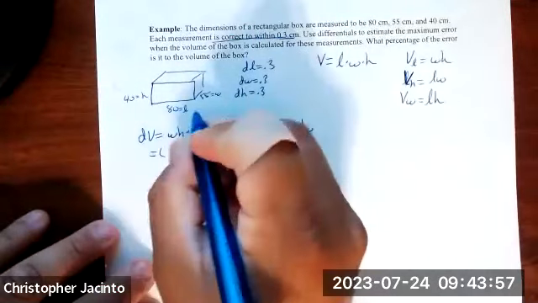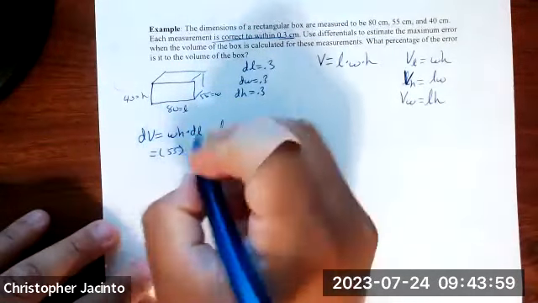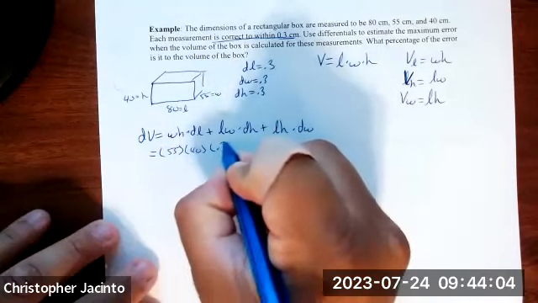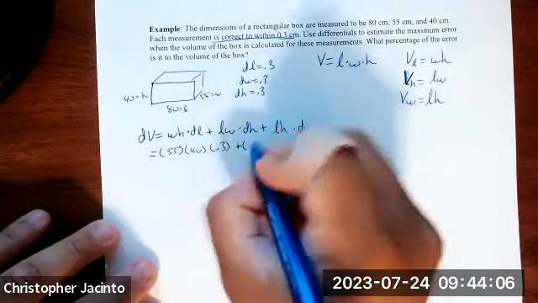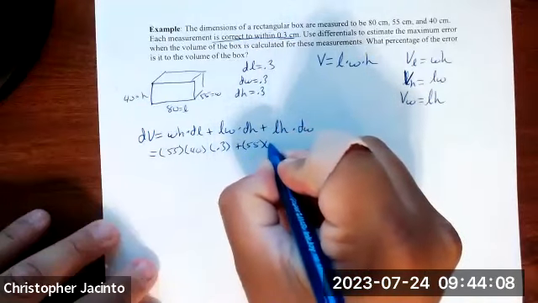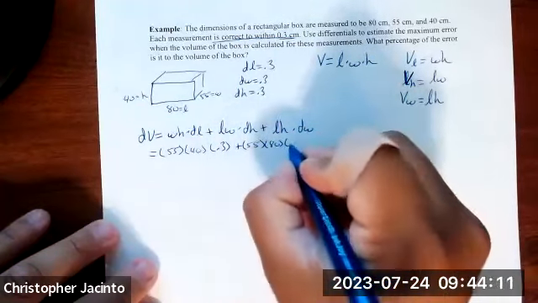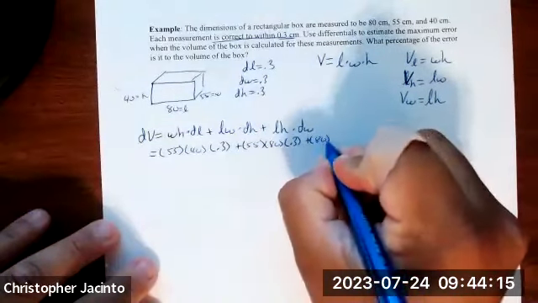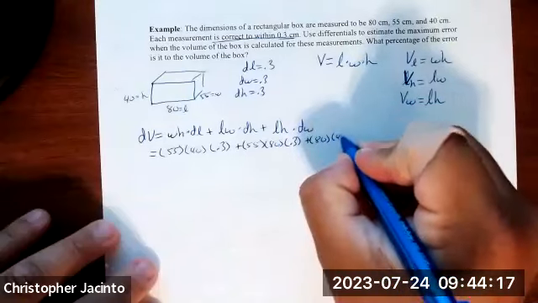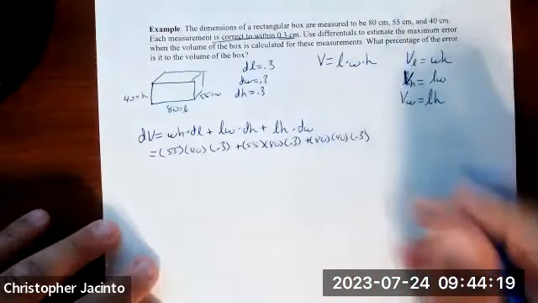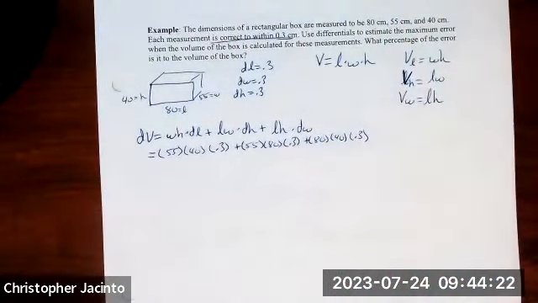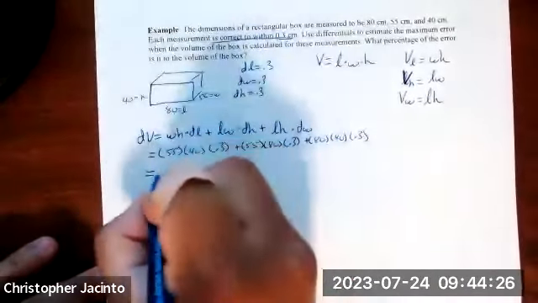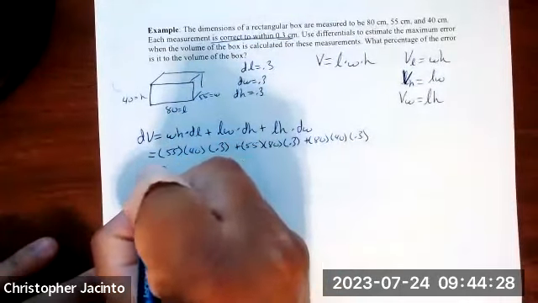So W is going to be 55, height is 40, change of L is 0.3, and just repeat, right? So plug in all the numbers we actually have, and we get roughly this for the approximation.